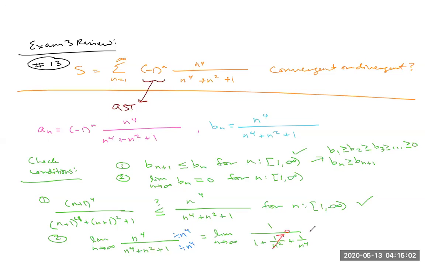Approaches 0, approaches 0. So our limit is 1 in this case, which is not equal to 0. So note the second condition does not apply in our case.